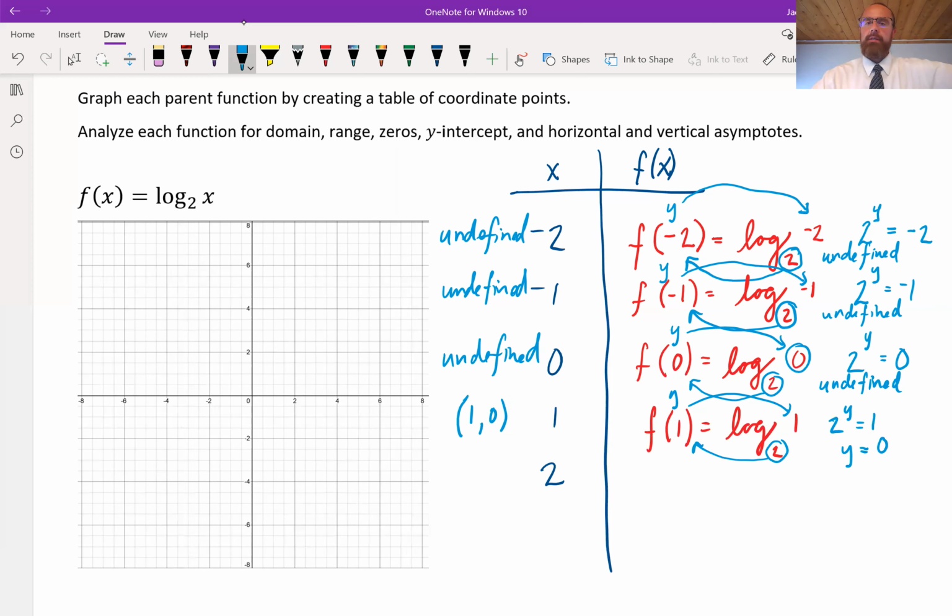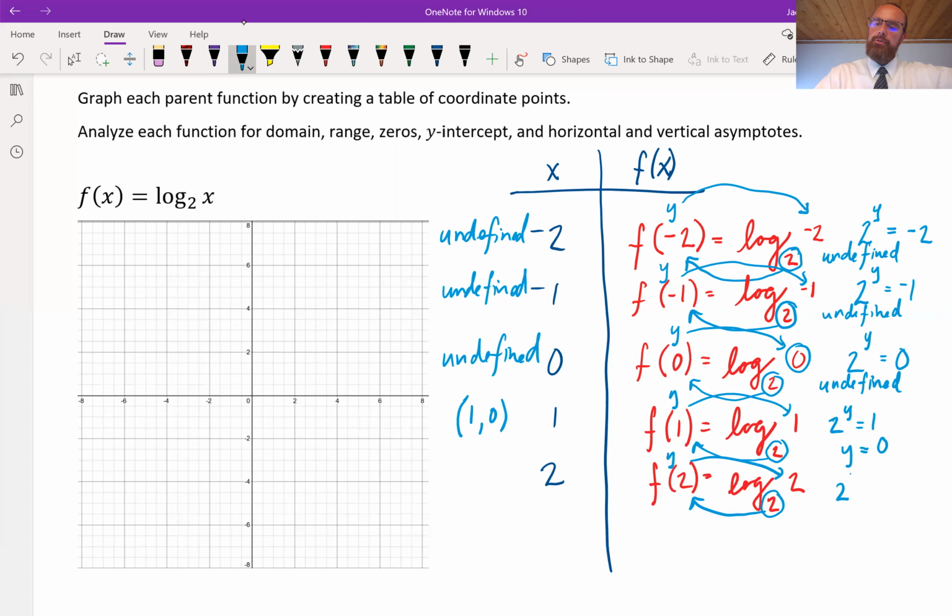Well, let's see if we can have that same type of luck with our last evaluation, f at 2. So that's log base 2 of 2. And again, to find that output, we're going to convert to an exponential. So base 2 to the power of some y value equals 2.